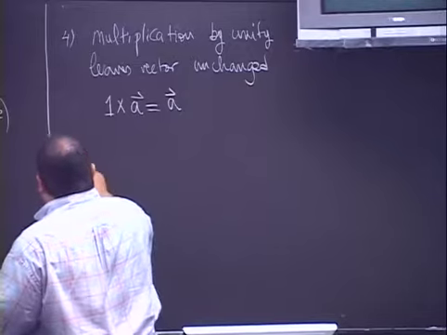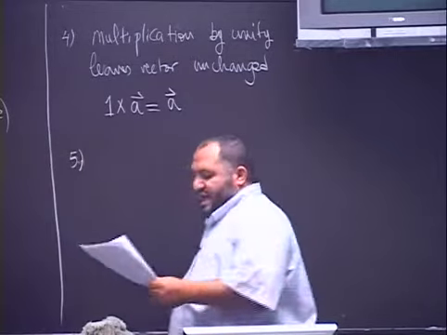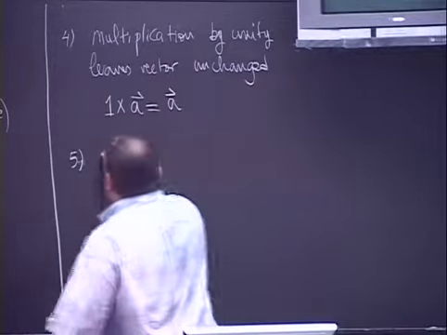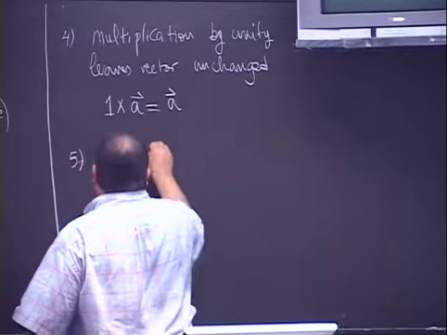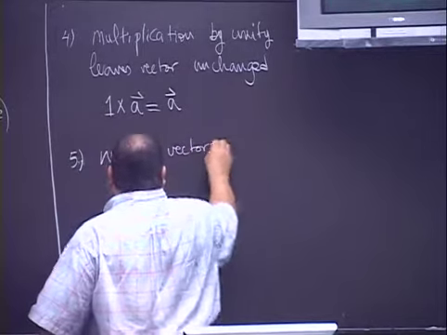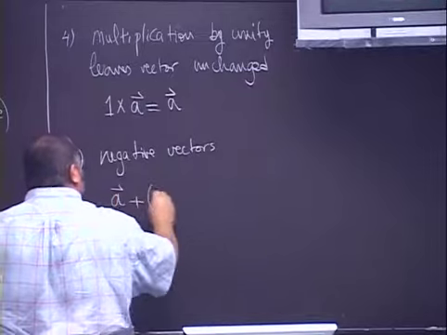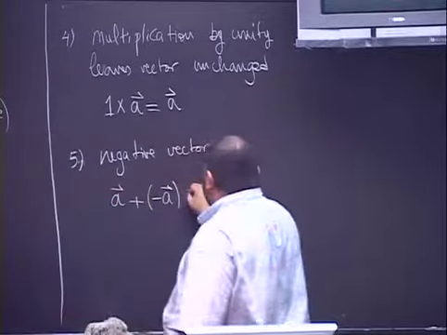And 5, all vectors will have a negative vector, so we will define this as the existence of negative vectors, such that when we have the vector A, we add it to its negative vector negative A, this will give me what?